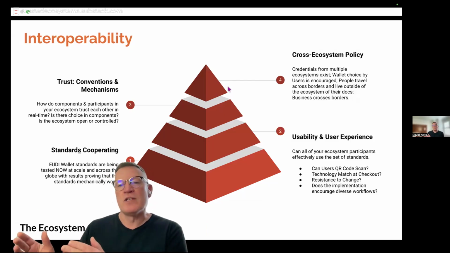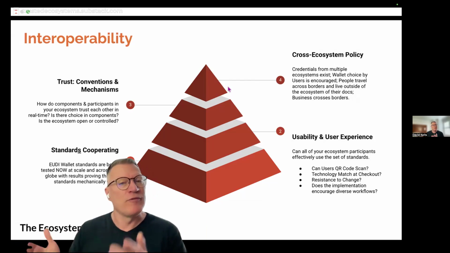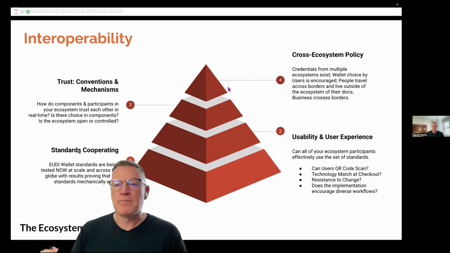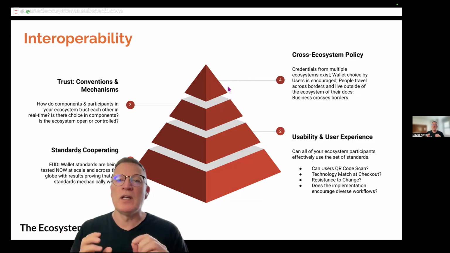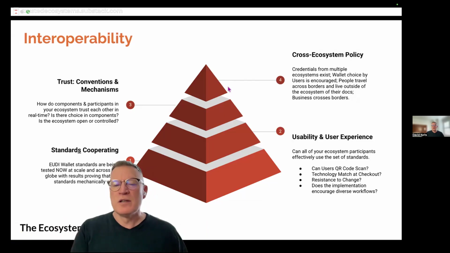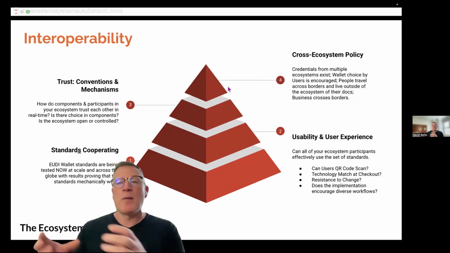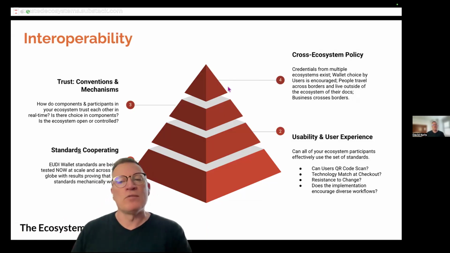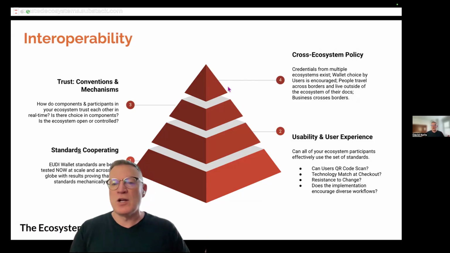This second layer of interoperability is really what we're running flat into in the United States. And this is the usability and user experience of these particular standards. Can users actually scan a QR code effectively? Is there a match between the technology that might already be at some checkout or some point of service and the technology that's required to read from the wallets?